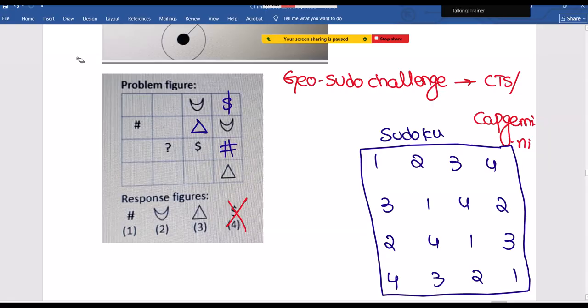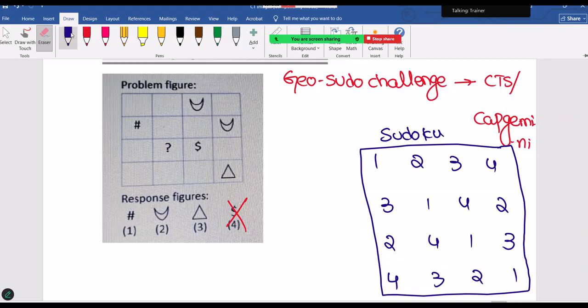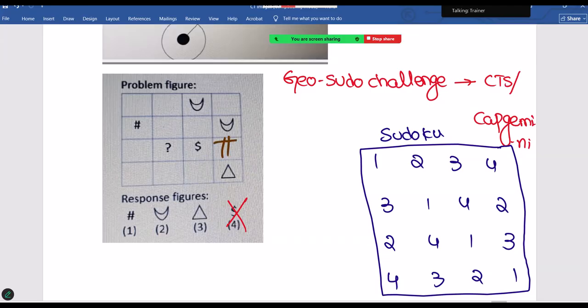Somebody said option 1 is wrong. First thing, directly you can fill this. This column already has half moon, triangle, dollar, so this must be hash. Now hash also cannot come here. It should be triangle or half moon symbol. Next slot, where can we go ahead?